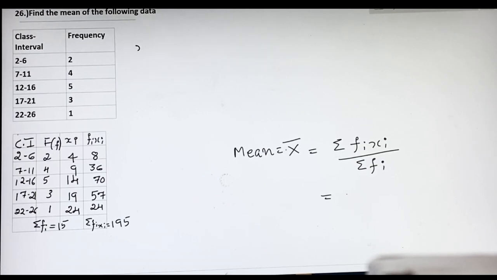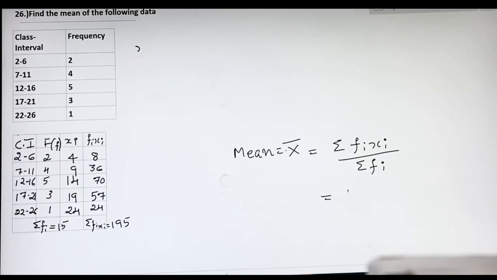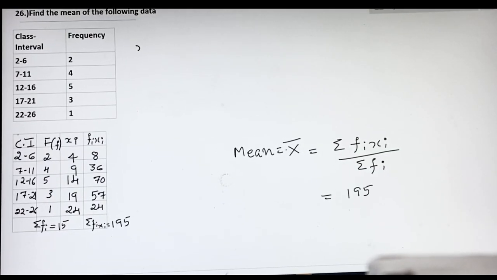Sigma of fi xi is 195, divided by sigma fi, which is 15. If we divide 195 by 15, we get the mean value, that is x bar is equal to 13. 15 13s are 195. So this is the answer of mean.